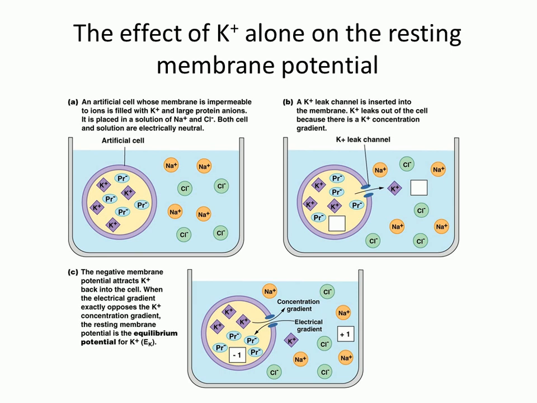So, for potassium, the net diffusion of potassium will stop when we have a difference of charge of minus 90 millivolts. Let's go back and look at this picture again one more time, even though it has no millivolts on there. And let's see if I can move this out of the way. When I move that potassium out, what happened on the inside? We got more negative, right? And so we could measure that in terms of voltage.